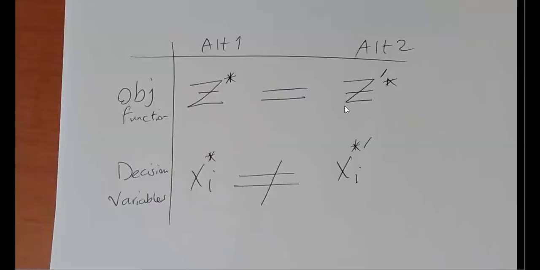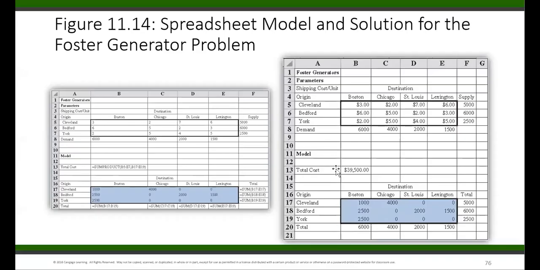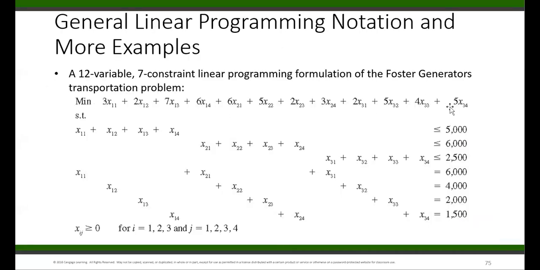By the definition of alternative solution, if there is an alternative, its cost should not be greater than 39,500. So we can add this as a constraint now: the cost exactly equal to 39,500.